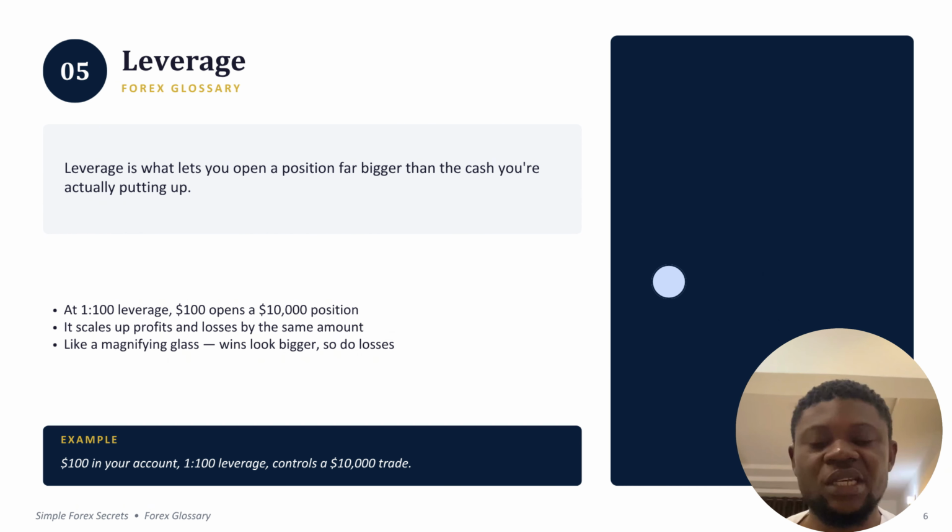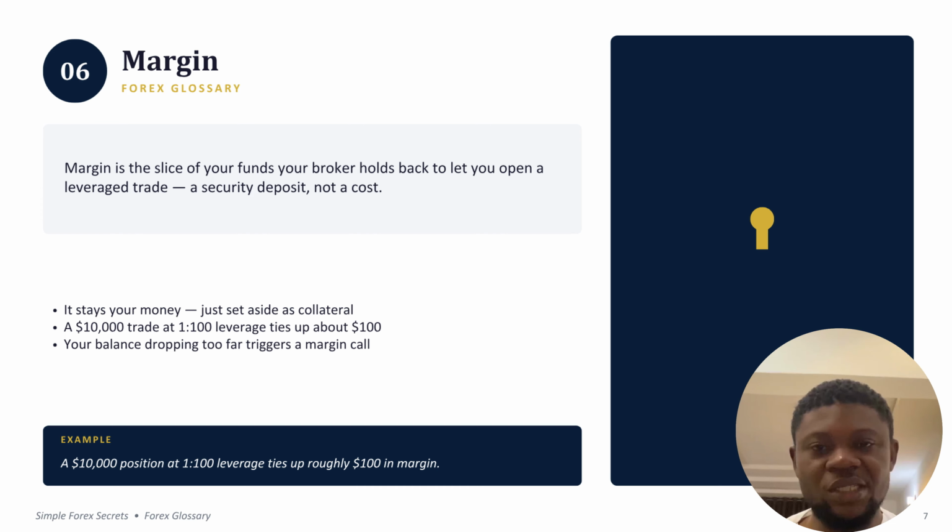Leverage magnifies both profits and losses. The same way it can double your gains, it can as well double your losses very, very fast. So as a beginner, use a low leverage, maybe 1:10, until you are consistently profitable in a demo account.